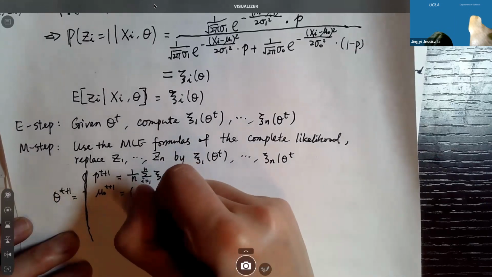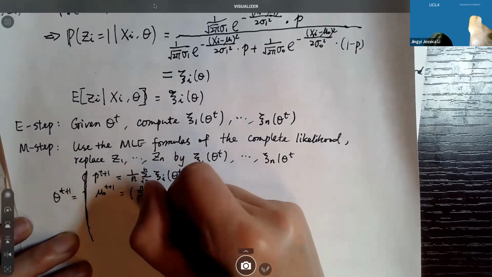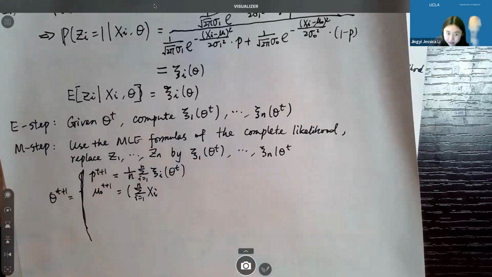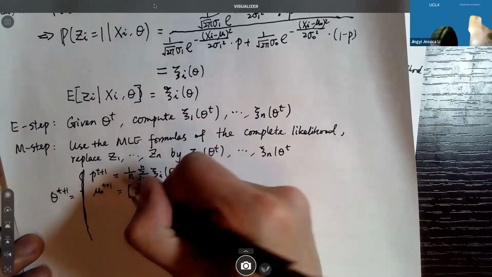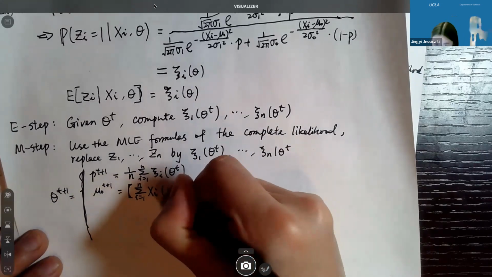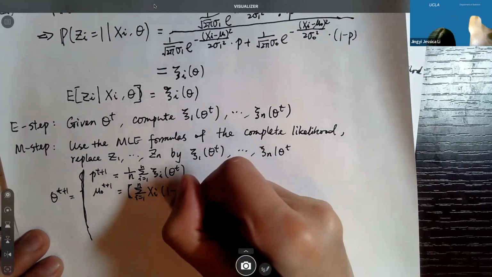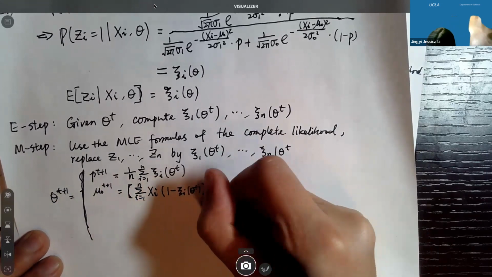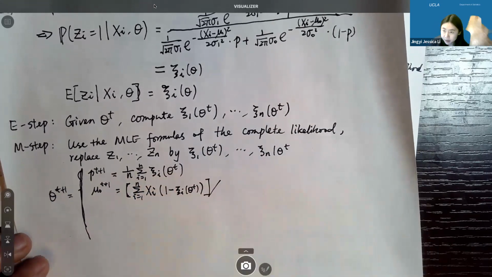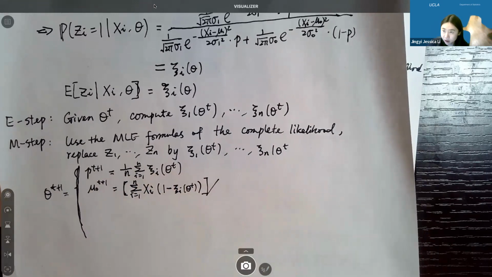So it'll be summation i from 1 to n of xi, it used to be xi times 1 minus zi. Now we're going to replace 1 minus zi by 1 minus psi I theta t. And for the denominator, it used to be the sum of 1 minus zi.